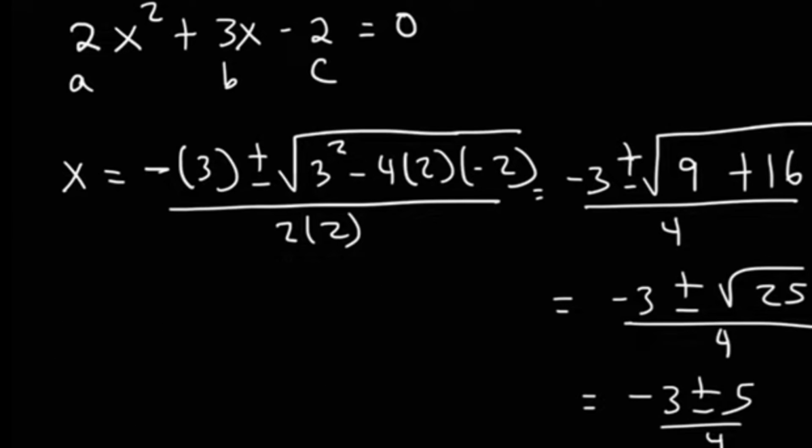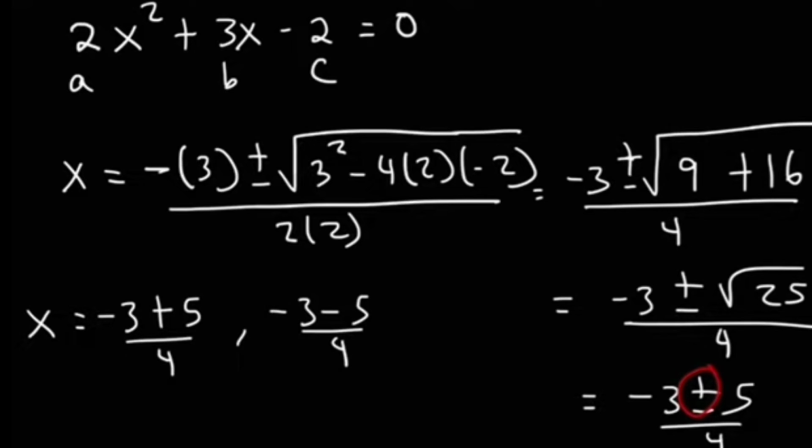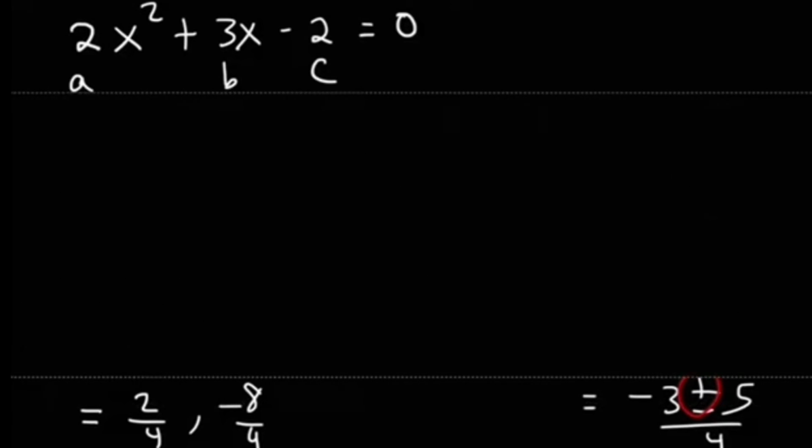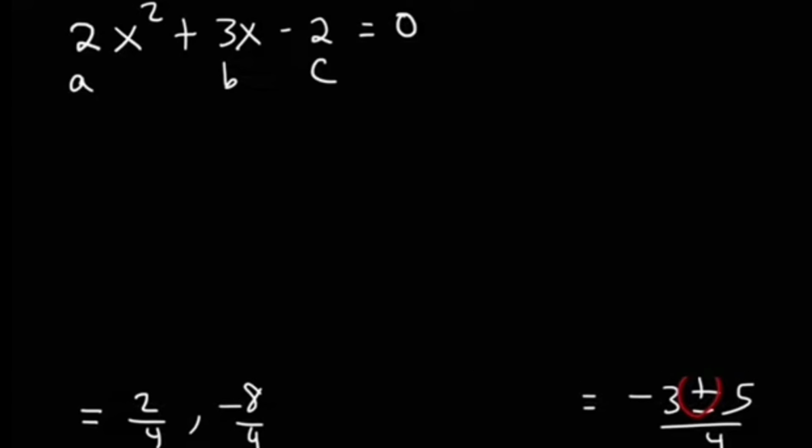Let us break the positive and negative into two parts. Negative 3 plus 5, all over 4. Negative 3 minus 5, all over 4. Negative 3 plus 5 is positive 2. Negative 3 minus 5 is negative 8. 2 over 4 equals 1 over 2.